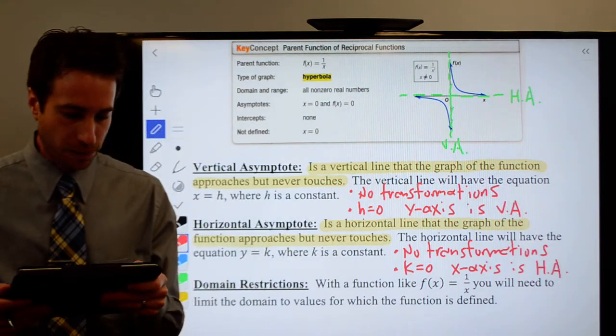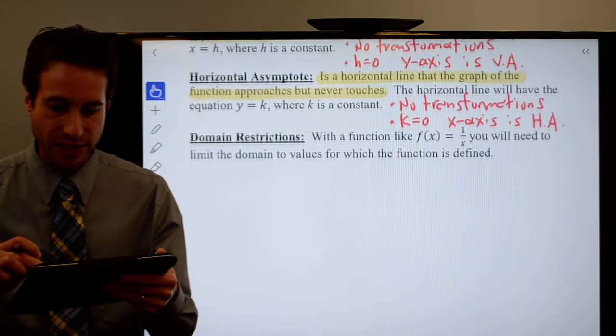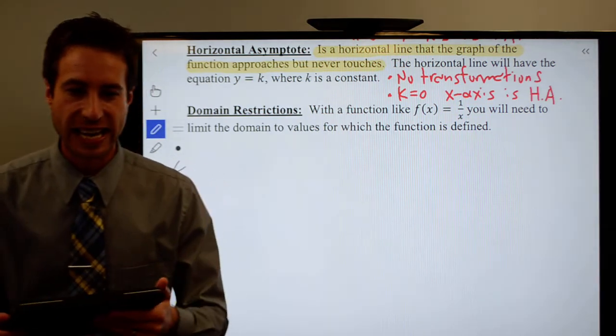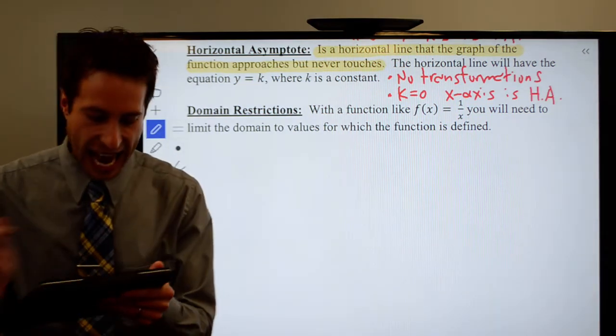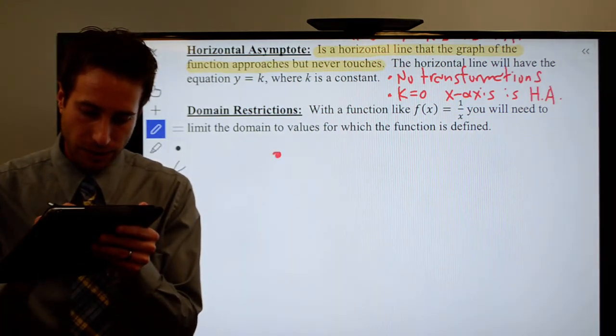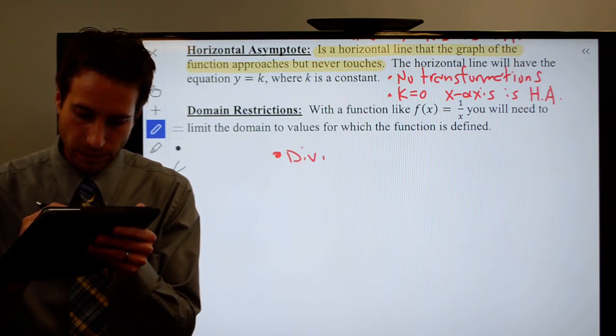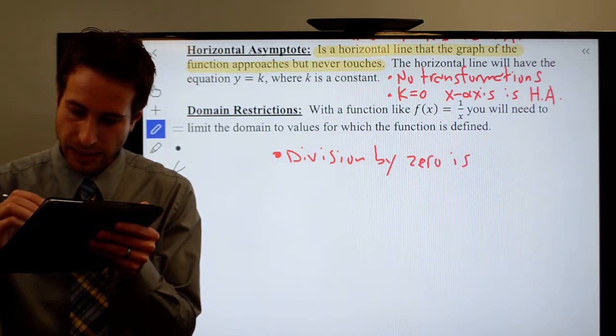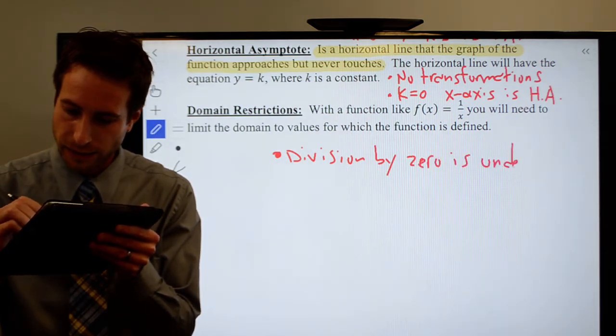All right, so here you go. Again, I just want to drive this point home before we move on to some problems on the next page. You cannot divide by 0. Division by 0 is undefined.